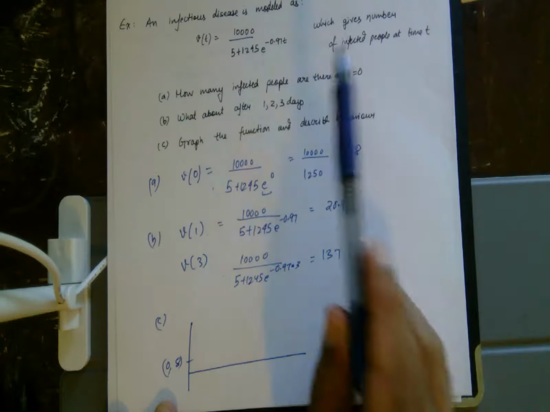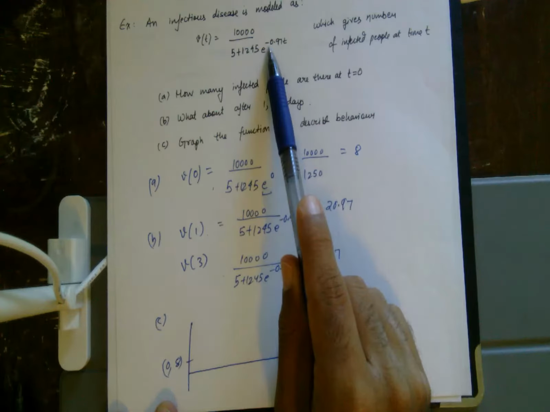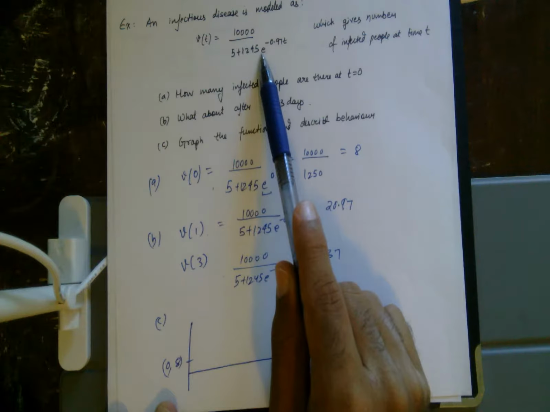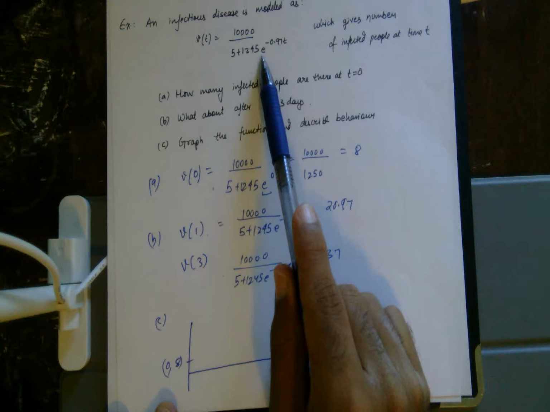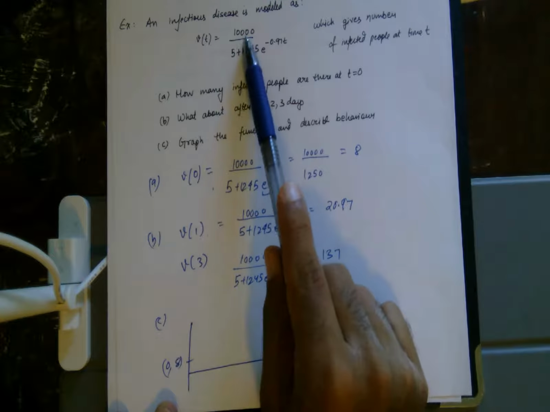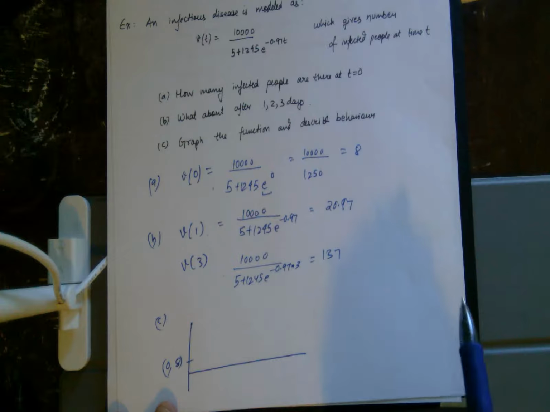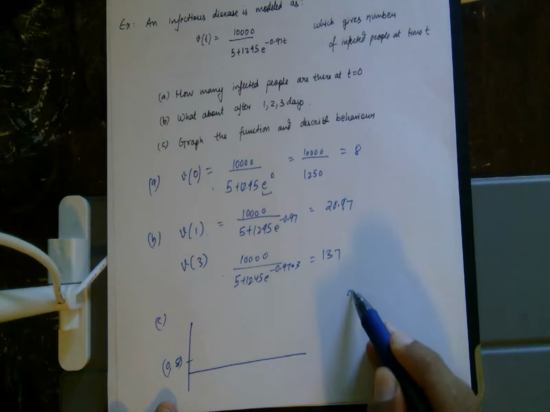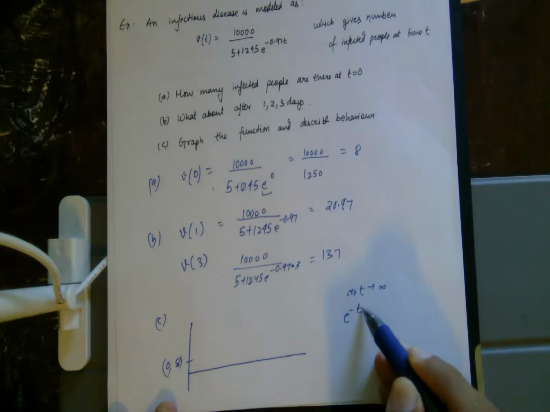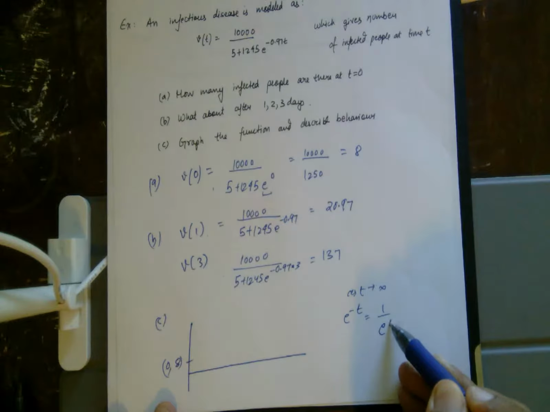So let's look at that. Because of this negative, this value is going to be smaller and smaller, and that makes the denominator smaller, and that makes the whole thing larger. So as t goes to infinity, what happens to e to the negative t? E to the negative t is 1 over e to the t.